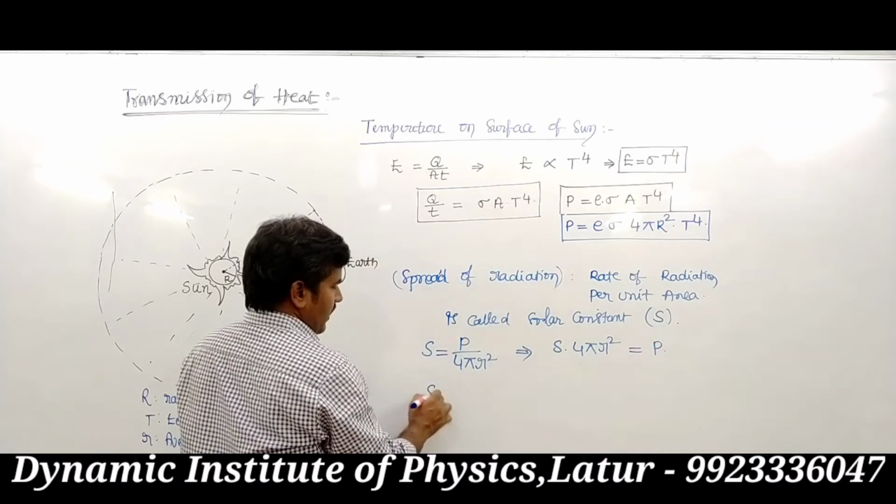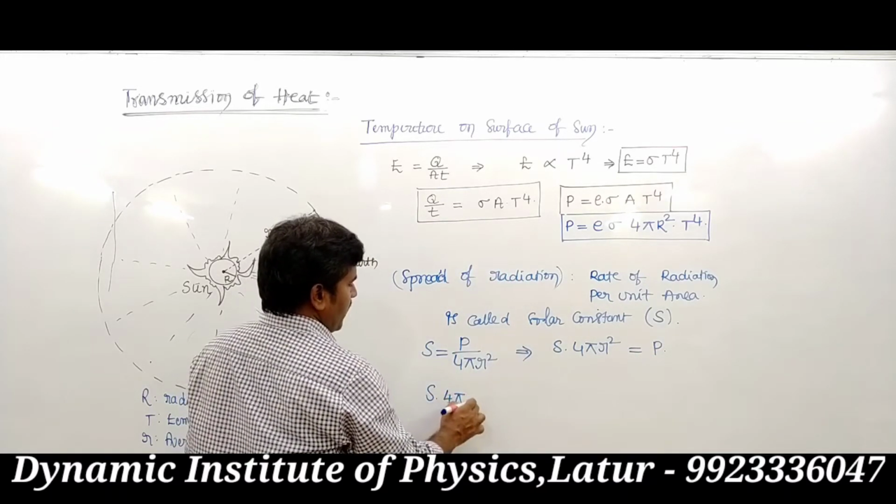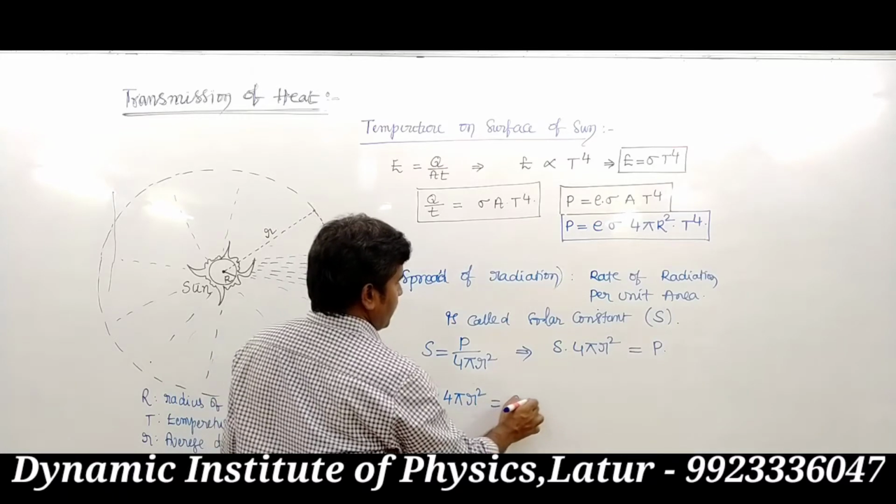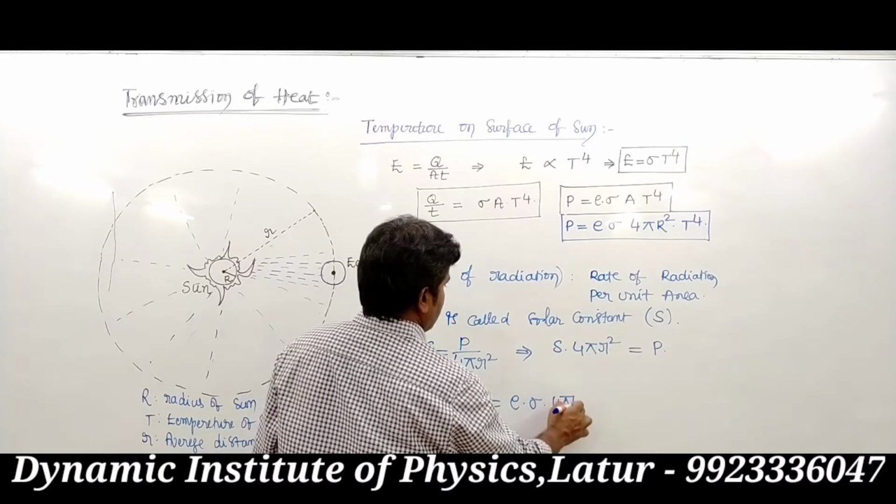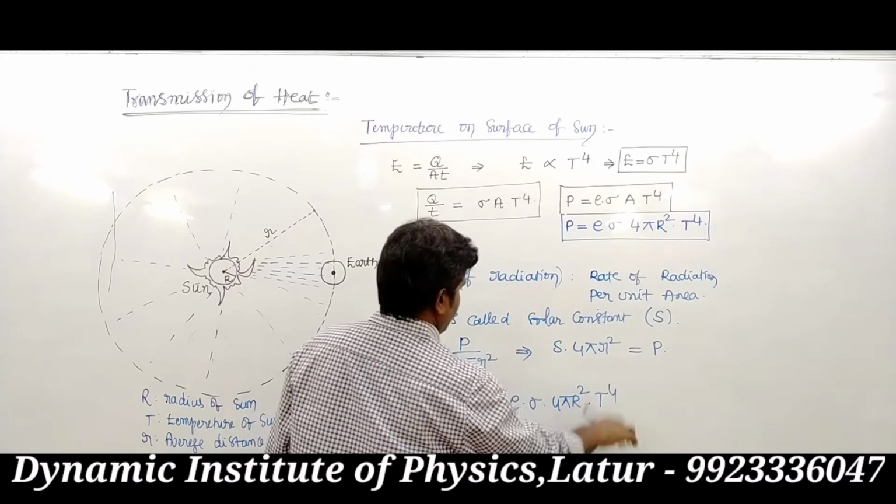We know that S into 4 pi small r square equals e into sigma into 4 pi capital R square into T power 4.